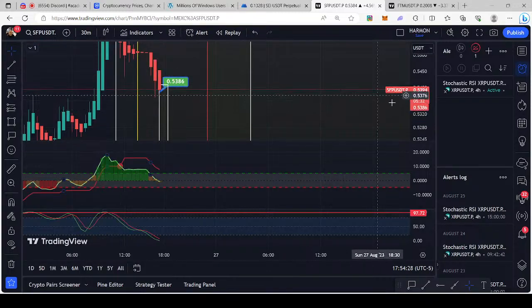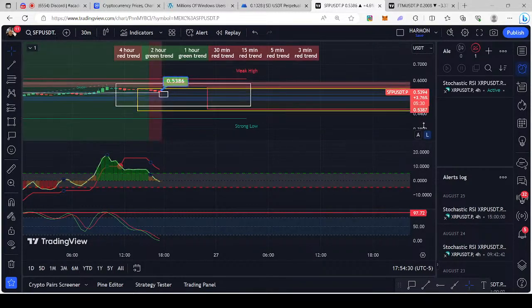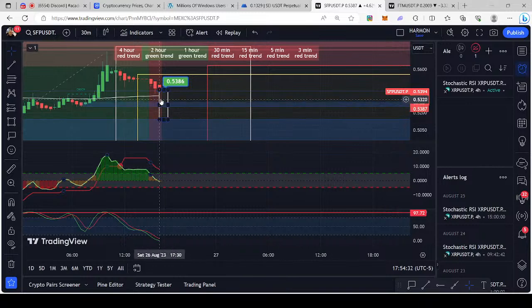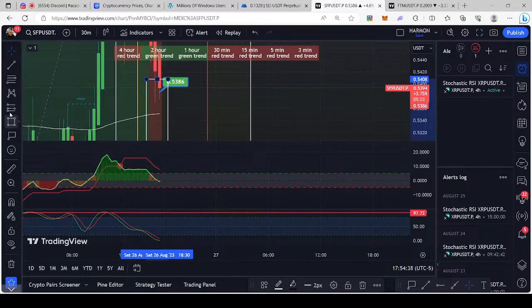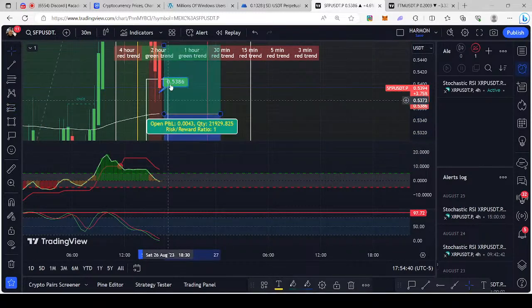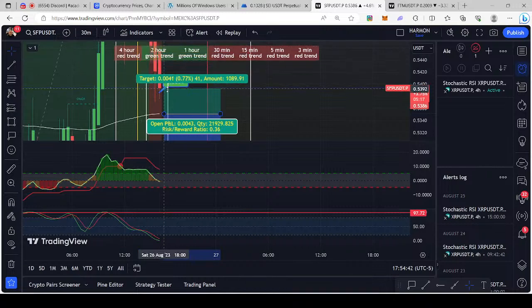As far as targets go, I would probably be looking for this to target its way out to at least the 30-minute 200 moving average, and that would give you a target amount here of about 80%, so you should be good for a quick 50%.